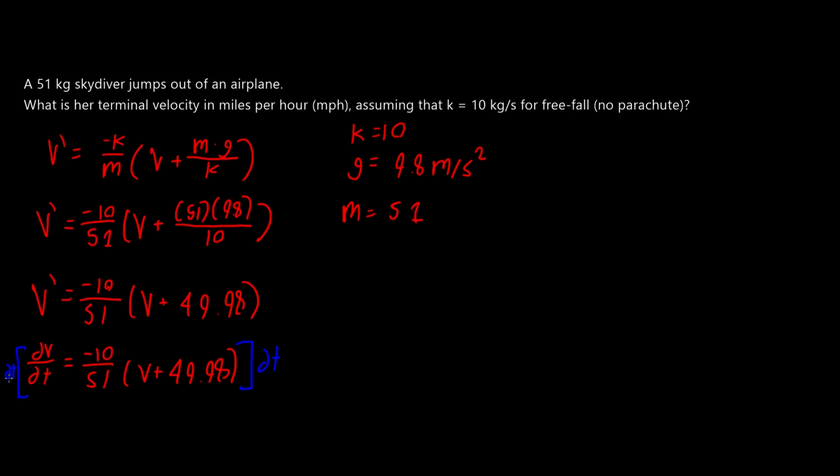So what that does is once again cancel out the dt, and then I'm going to start on this right area over here. So that leaves us with dv equals negative 10 over 51 multiplied by v plus 49.98 and dt. So what we want to do next is divide both of these sides by v plus 49.98.